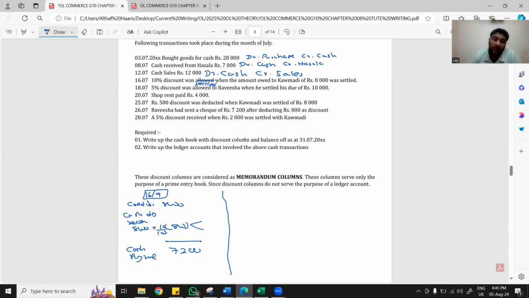So this 800, debit Kaumadi, credit discount received. This 7,200, debit Kaumadi, credit cash.